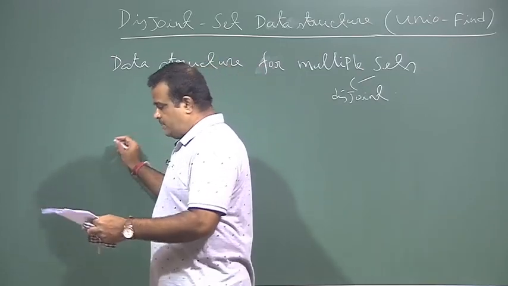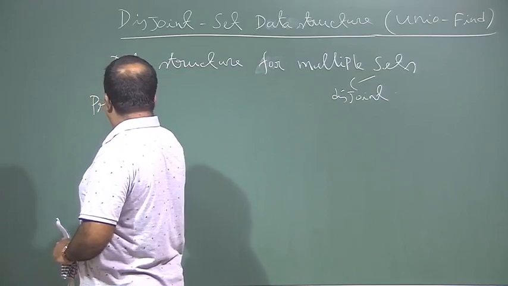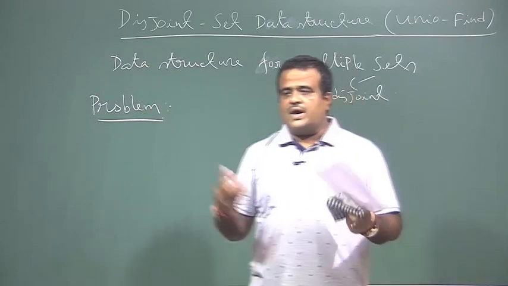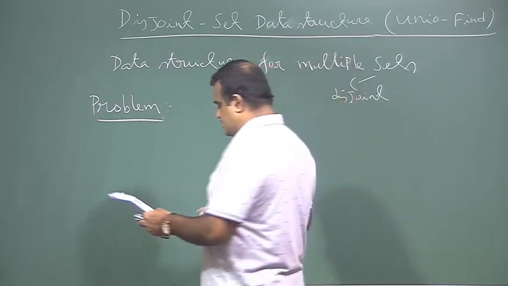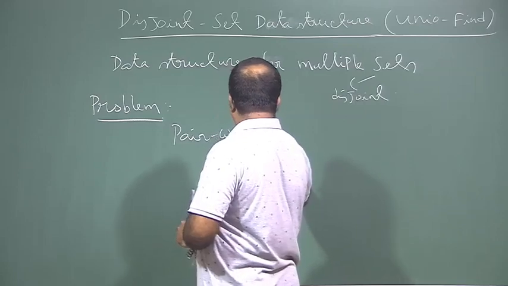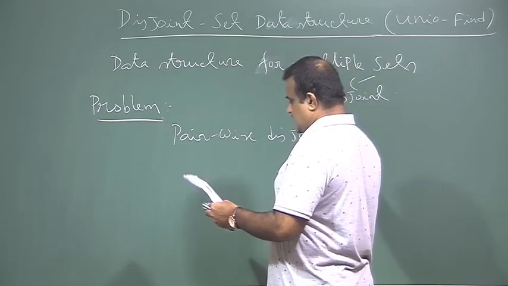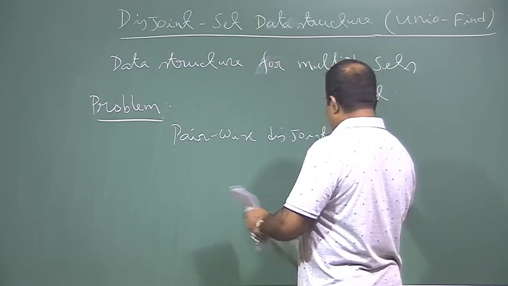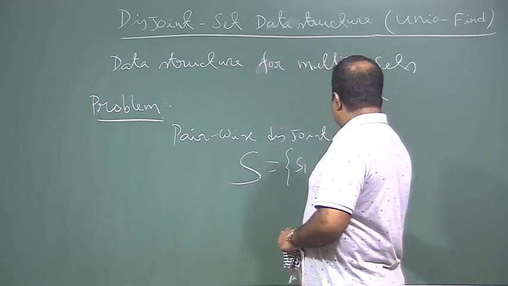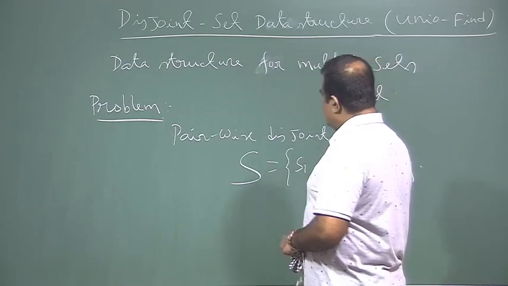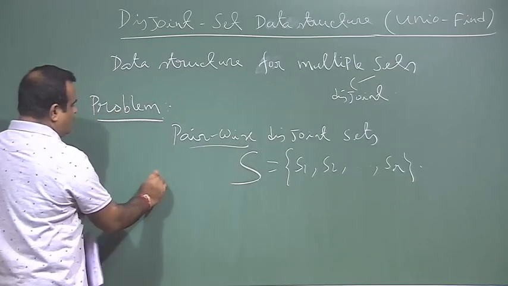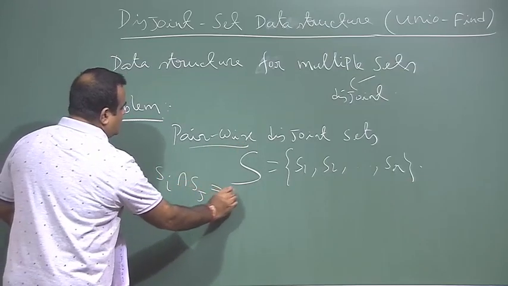So the problem is, we have a dynamic collection of pairwise disjoint sets, and this collection we denote by script S, and these are the sets S1, S2, say Sr. Pairwise disjoint means if you take any two sets Si, Sj, their intersection is empty.